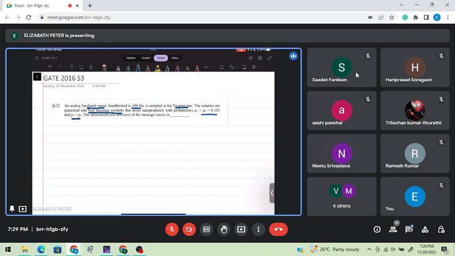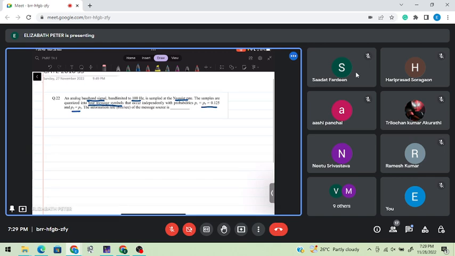Find the information rate in bits per second of the message source. So, the question says there is a baseband signal with maximum frequency 100 Hz, band limited to 100 Hz, and that signal is sampled at the Nyquist rate.